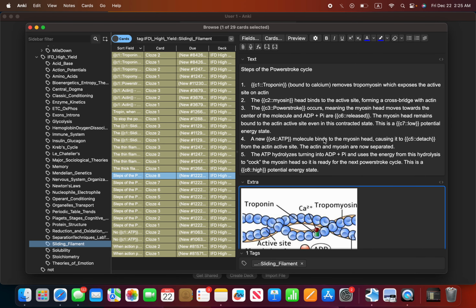And then step 3 is that the power stroke occurs, meaning the myosin head moves towards the center of the molecule, and ADP plus inorganic phosphate are released.